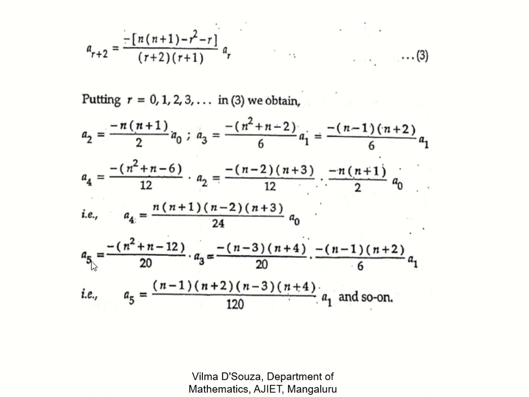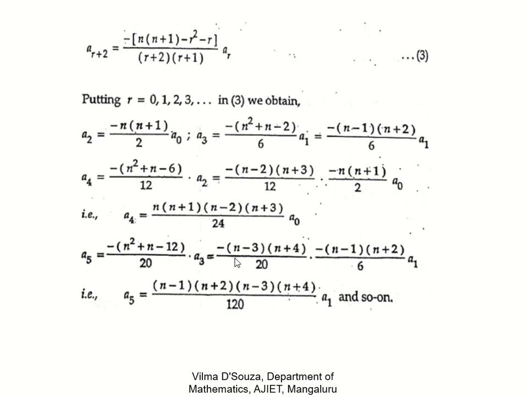Similarly, a5 is equal to minus n square plus n minus, r is 3, so this is minus 9 minus 3, minus 12.